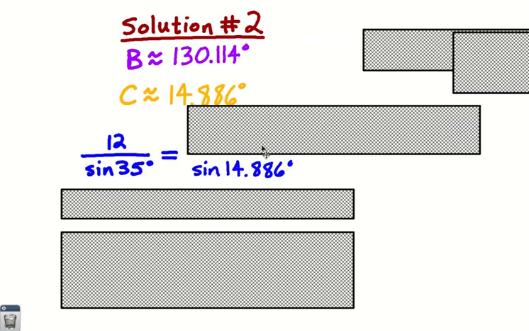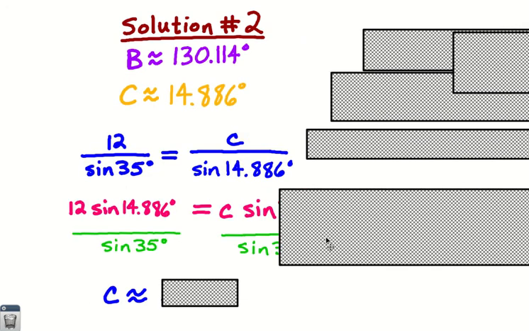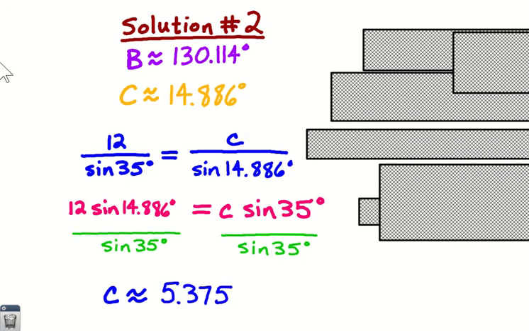But then you have to do the same thing again. And then this, and this together would make your other possible solution, your other possible triangle. Okay? A lot to take in there, but that is the law of sines.